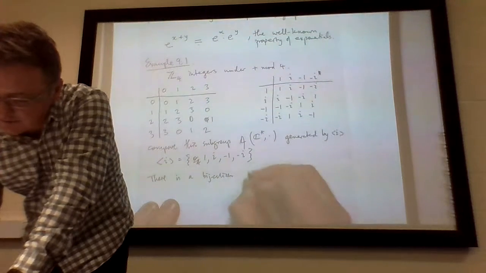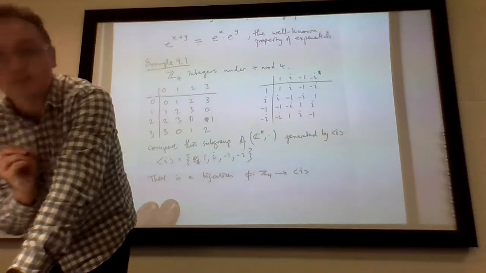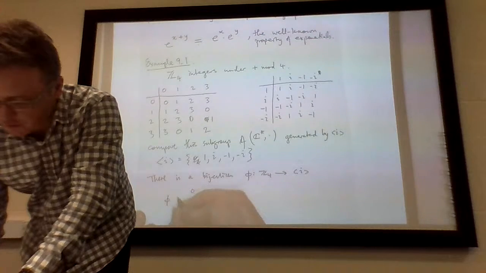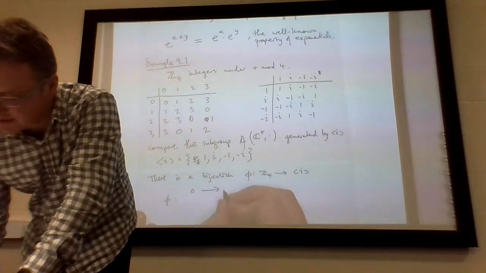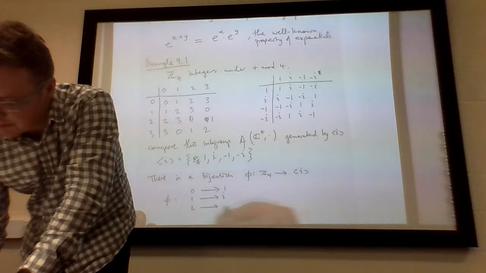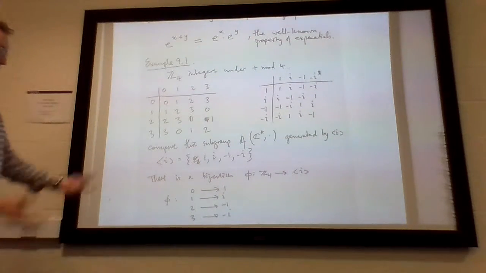There is a bijection phi from Z4 to the cyclic subgroup generated by i. There's no formula for it as such, but 0 maps to 1, 1 maps to i, 2 maps to minus 1, and 3 maps to minus i. That's the bijection.